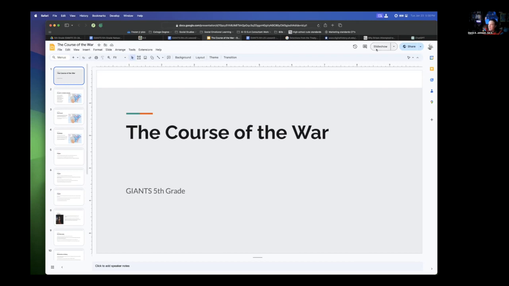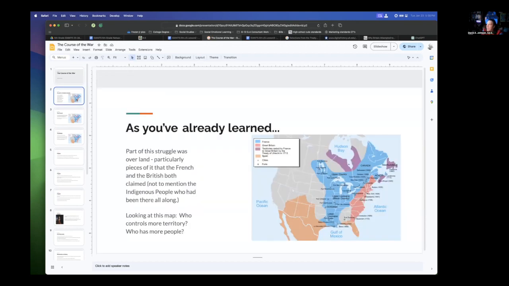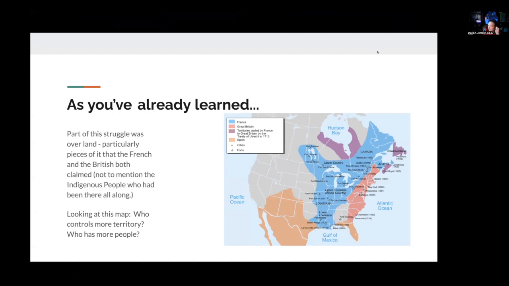So I'm going to spend a minute to kind of go through this. I'm not going to run the slide deck, but I'm going to keep it up here. And this map, which is fairly common, your textbook has some version of this map in it because it's a very common map that sort of shows the territorial boundaries of France and Great Britain and Spain and the European powers that are over here in the United States.